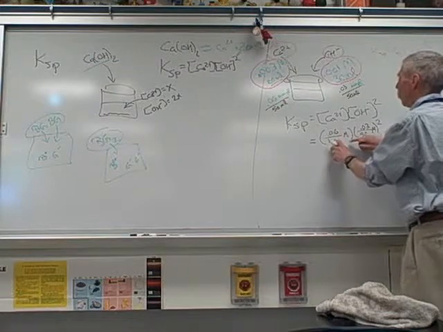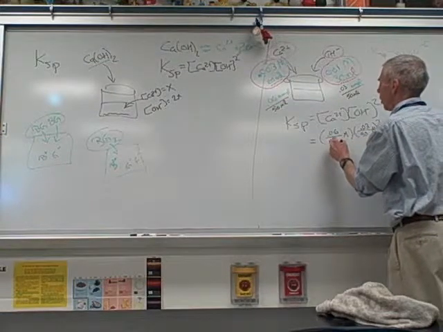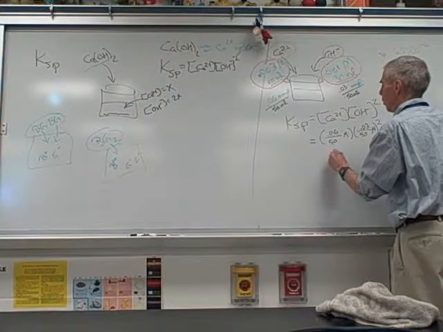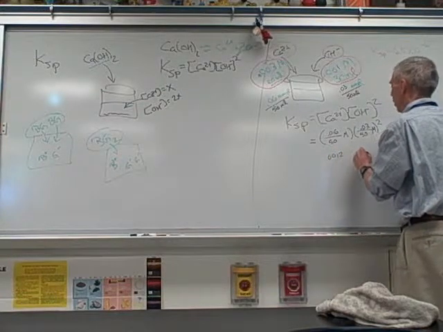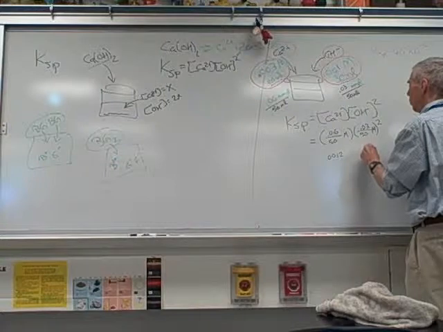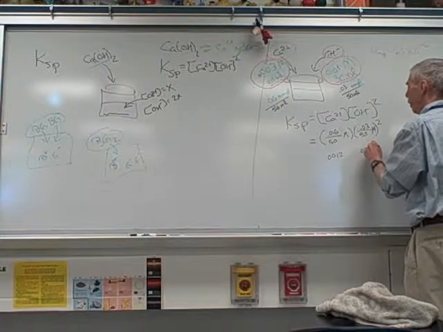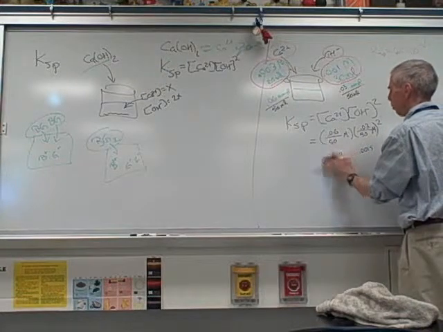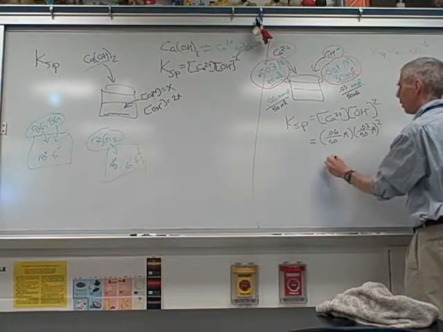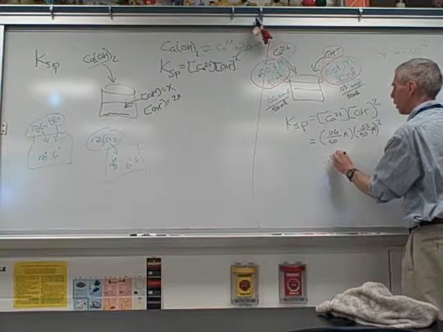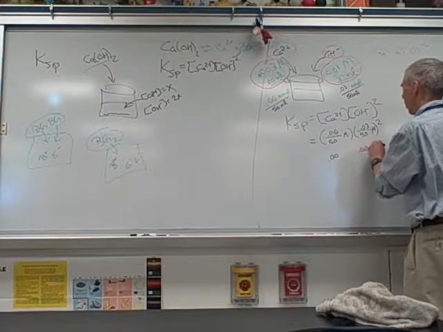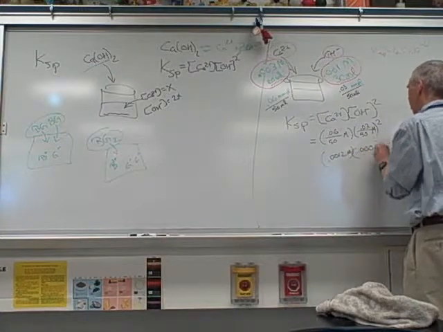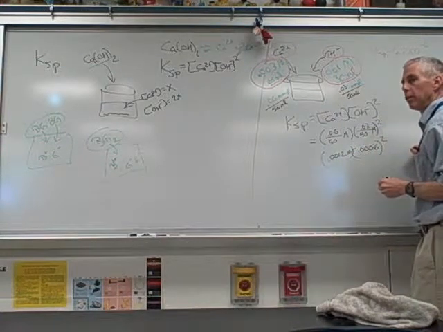So what is this? 0.06 over 50 is 0.0012, and this one is 0.0006, squared.